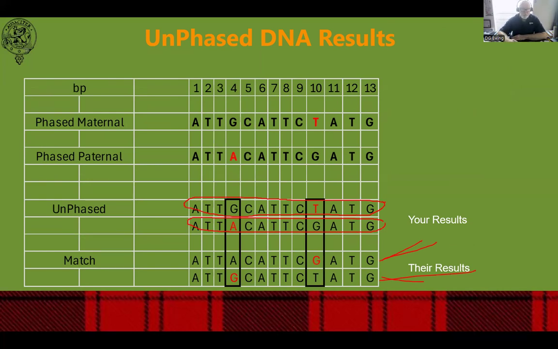Now, if one of our parents moved, if we could take this one and put it on the other parent, now we do match. Actually, I only want to do one. If we could take this G and move it down here, then we would match on the two mothers. But right now they don't match. Got it? I hope so.